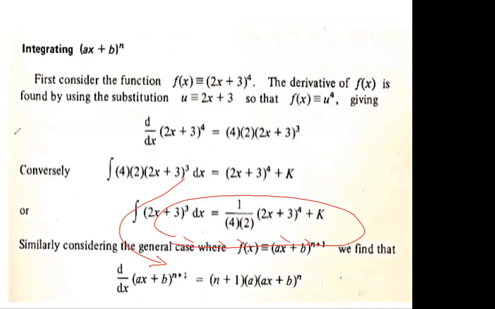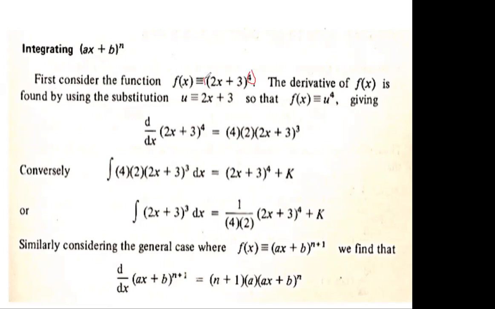So let's go now to integrating what we call the function of a function story. You'll remember when we were differentiating, we normally take the power on top and multiply in front.